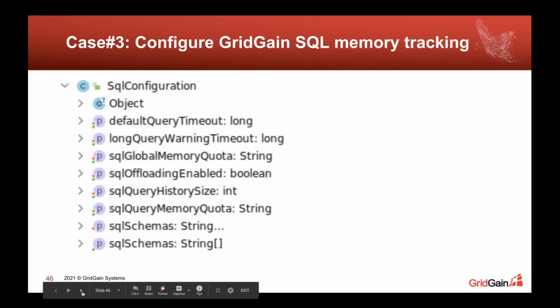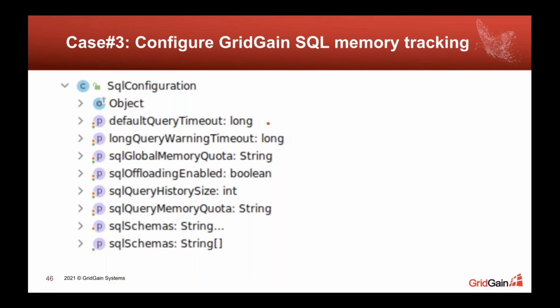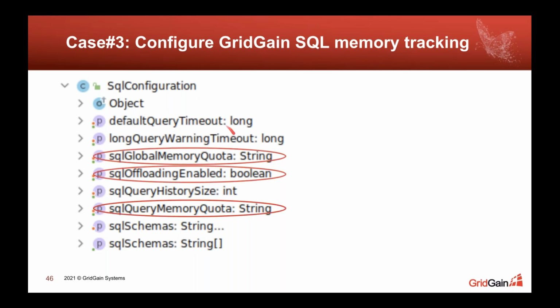So let's discuss what we can configure. In fact, those SQL configs could be different for some nodes of a cluster. It works that way because it's possible that they have different hardware at least. Let's focus on those three.